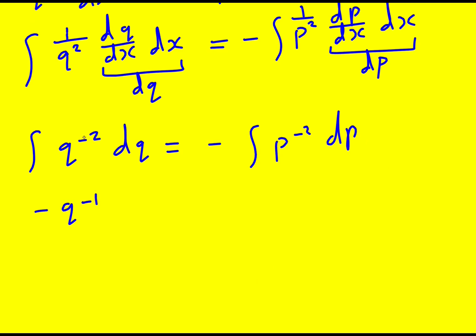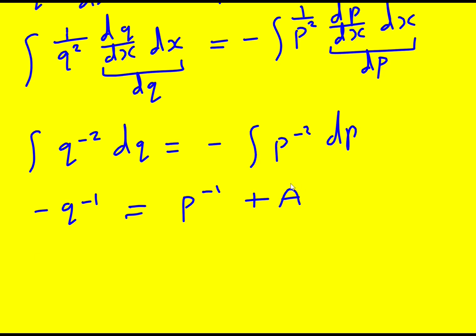Okay, increase power by 1, divide by the new power. Do the same here. Going to get a double negative. And then I've got a plus a as well.